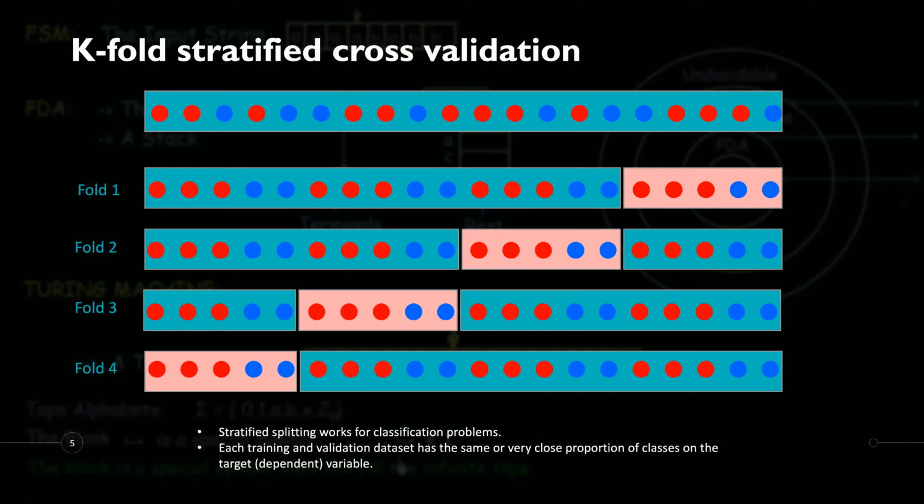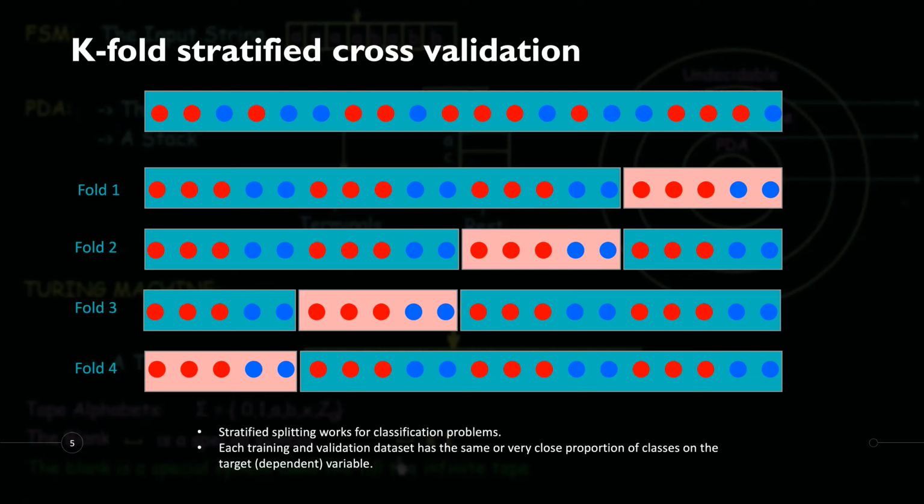We have 12 red balls and 8 blue balls in the original data set. So the proportion is 3 to 2, right?